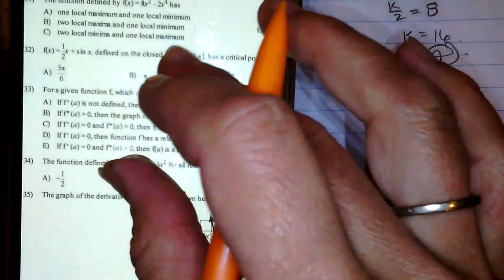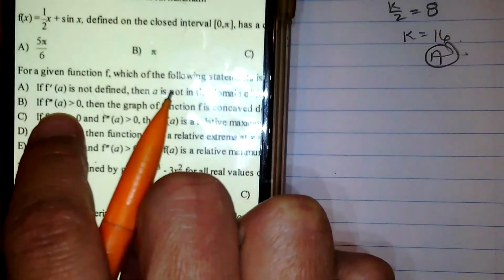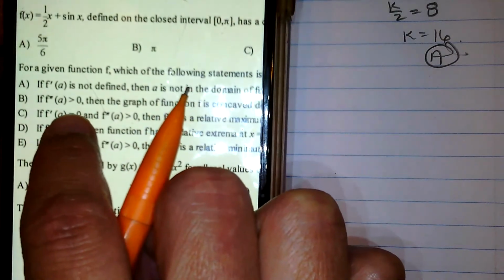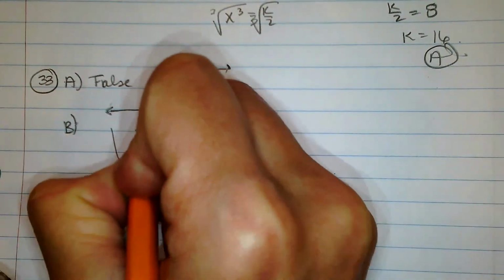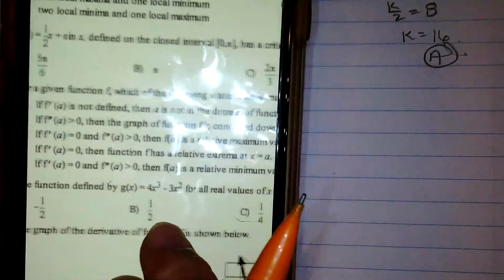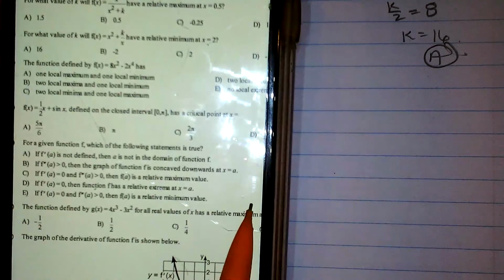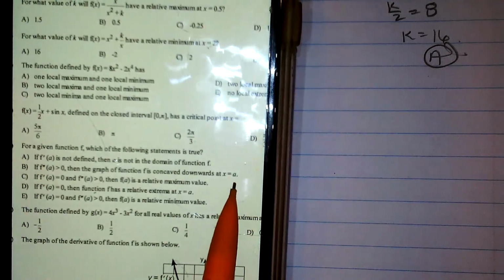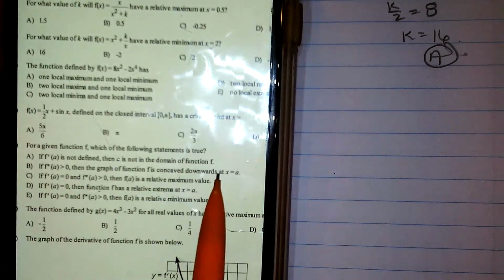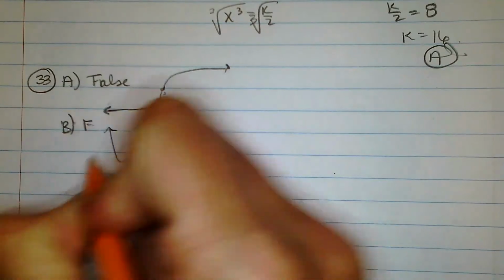B says if the second derivative is positive, which means it's concave up, then the graph of the function is concave downwards at A. Oh, that's definitely false. The second derivative at A is positive, so it has to be concave up, so that's definitely false.